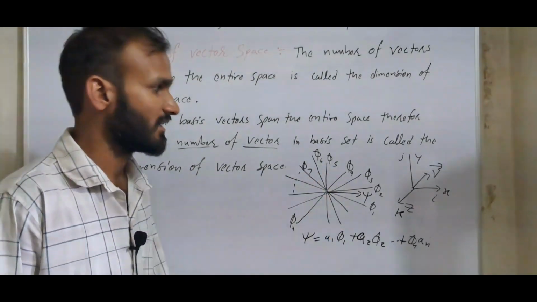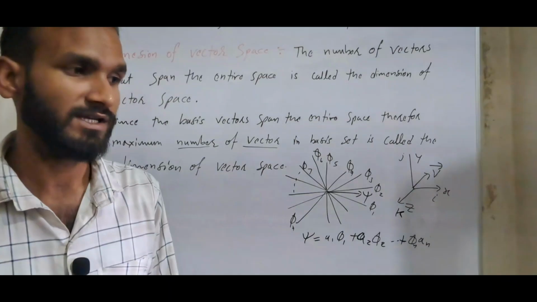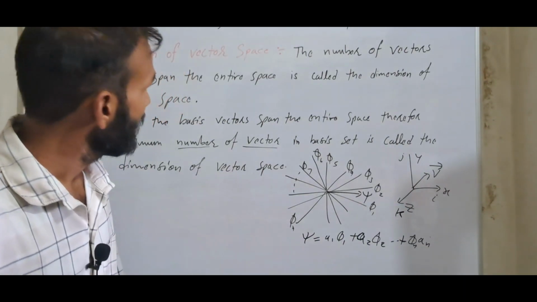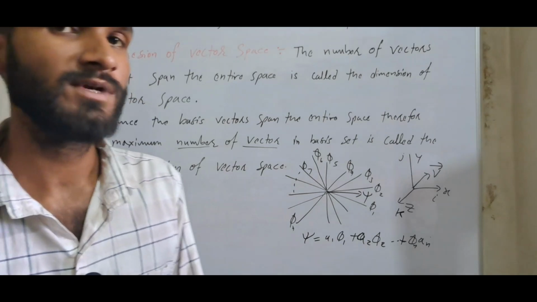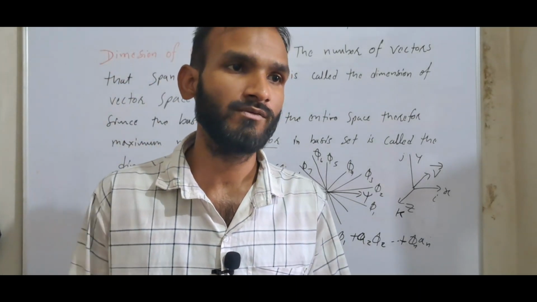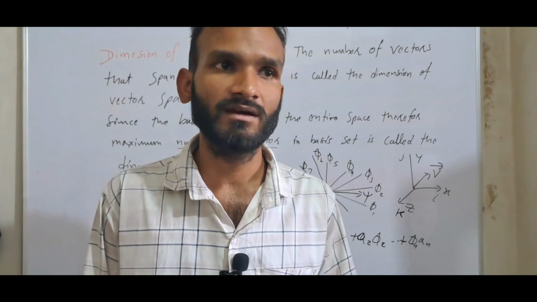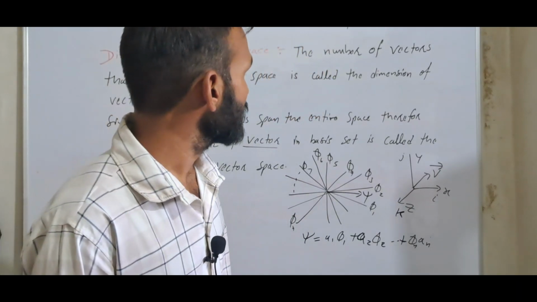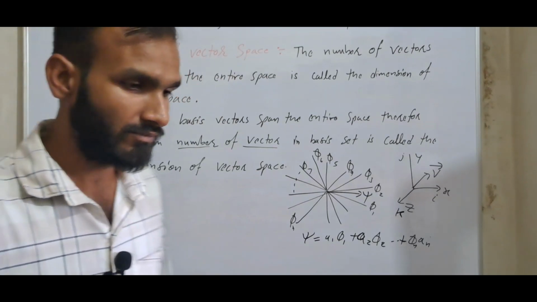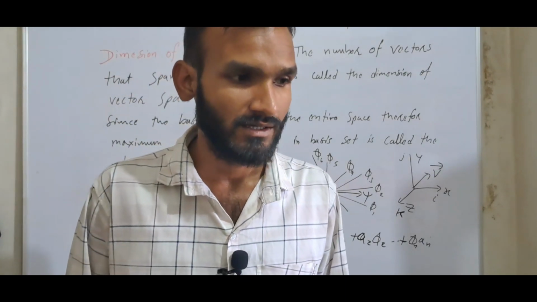So this is n-dimensional vector space, and this is 3-dimensional vector space. The number n here can be any number. It can be 4-dimensional, it can be 6-dimensional, it can be some other dimension. I hope you get the idea of dimension of vector space.